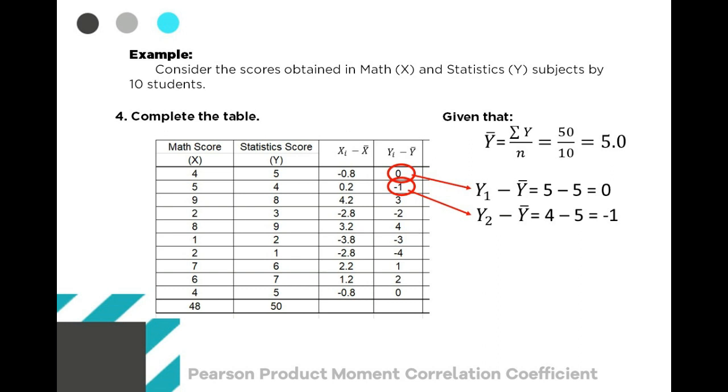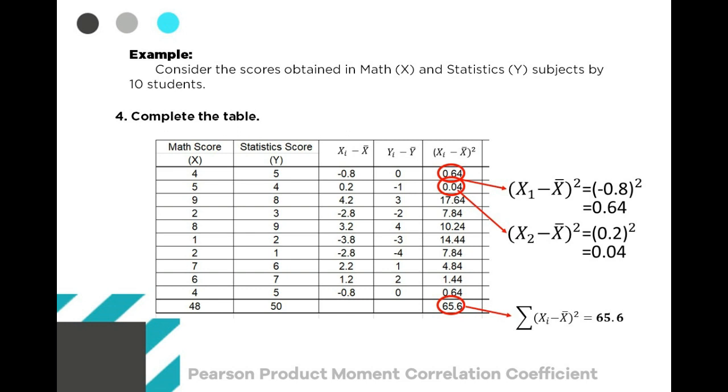So for our next column, we have X sub i minus the mean, squared. Ni-square lang natin yung ating third column, which is X sub i minus X mean. So we have negative 0.8 squared, which is 0.64, and then X sub 2 minus the mean of X squared, which is 0.2 squared, which is equal to 0.04.